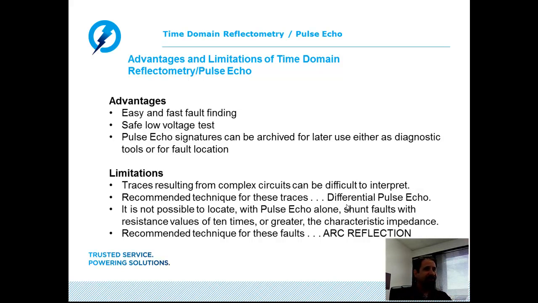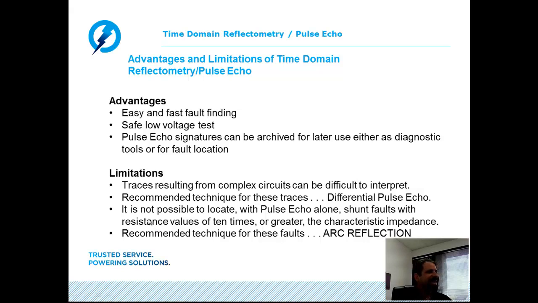So subtract out everything that's common and merely show us what is the difference. Show us only those reflections that are of difference. That will basically take us to the point of difference or potential fault on the bad phase. So again, we can take complicated waveforms by using differential techniques. We can simplify them in order to more easily interpret our test results.